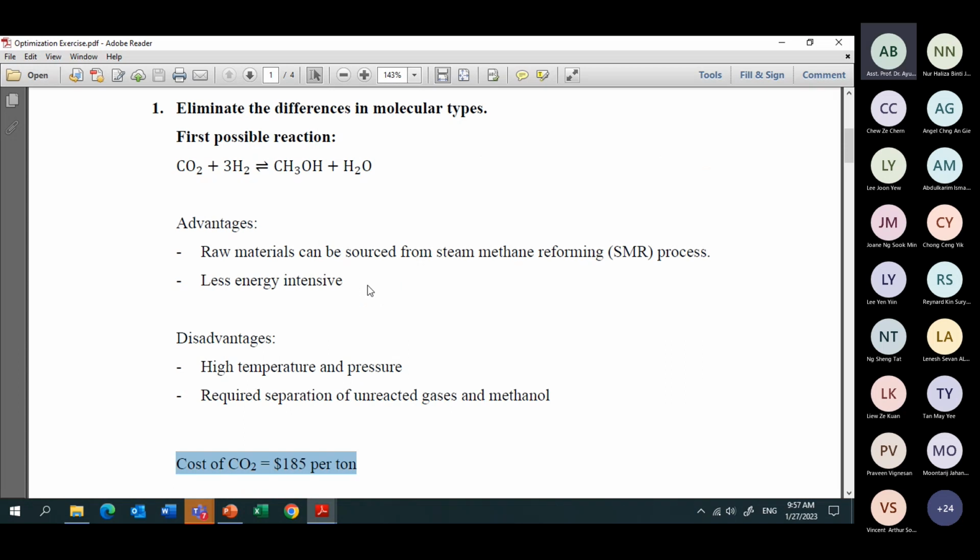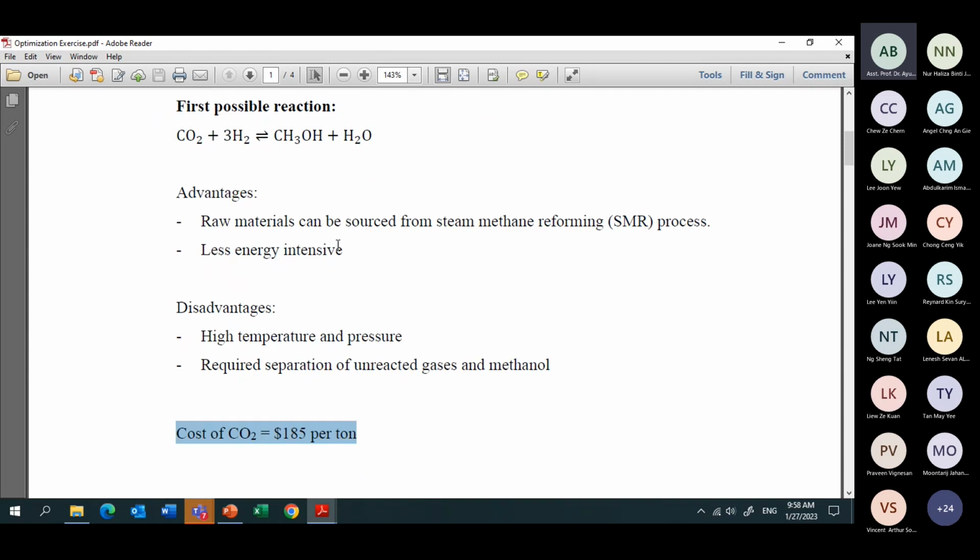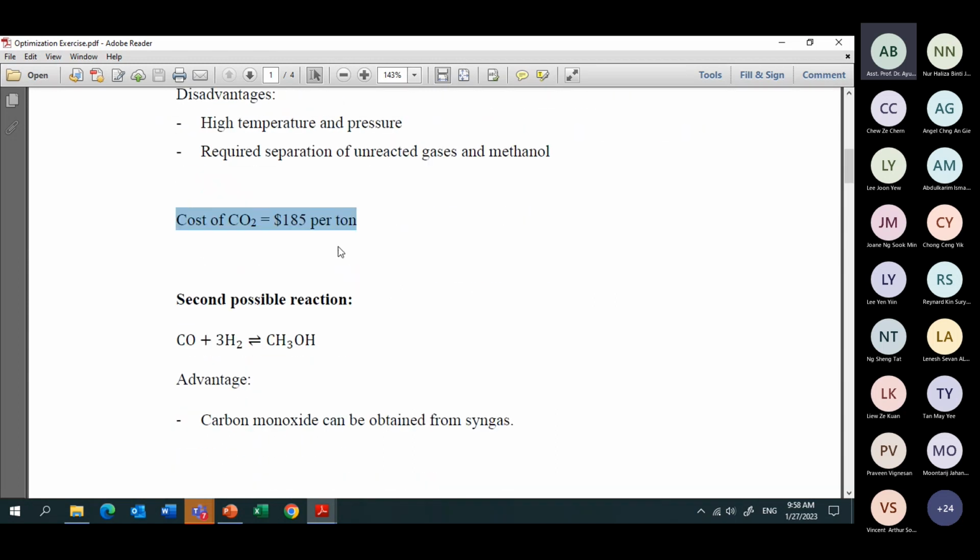Compare the profit; you compare the gross profit. Because here your input is CO2 and H2, you should check the cost for CO2, H2, and the product. Product price minus cost of raw material, then you can get the gross profit.